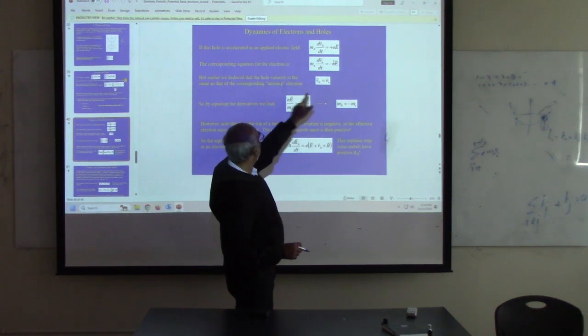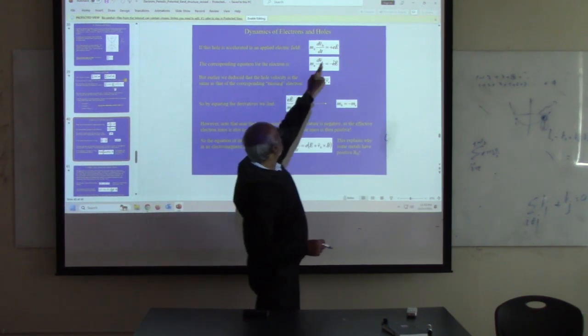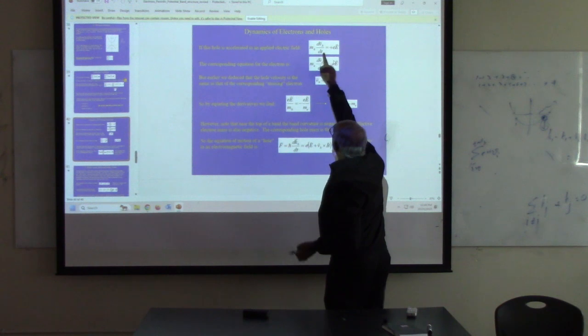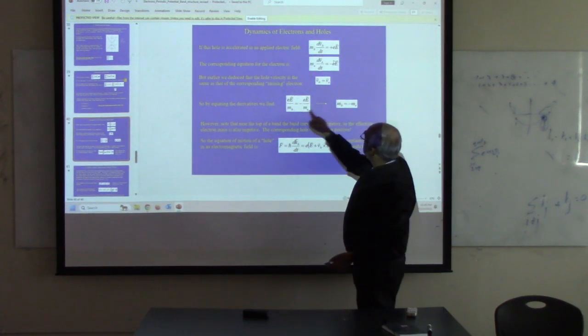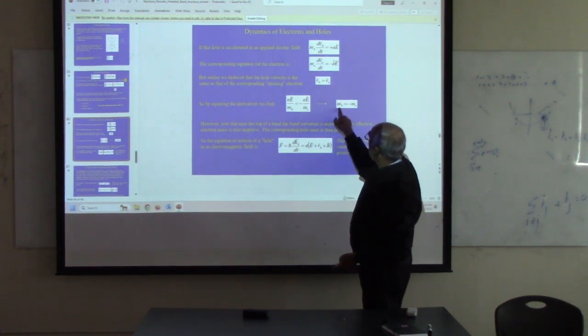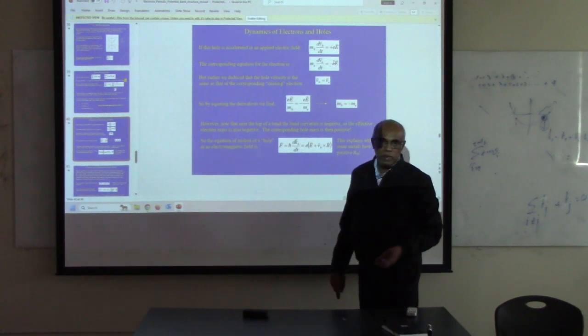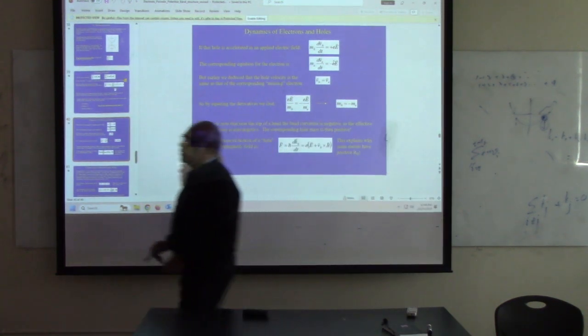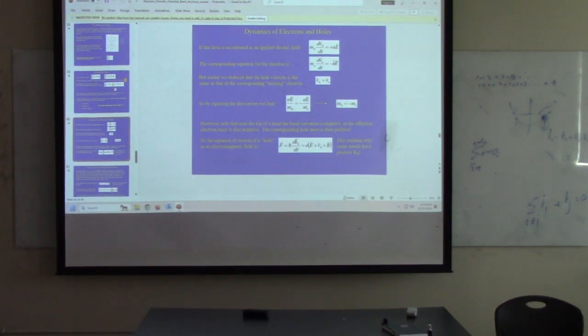So if you plug in your mass from here, you get m_h equals minus m. That's another important difference: your holes now have a mass m_h that is opposite of your electron mass.